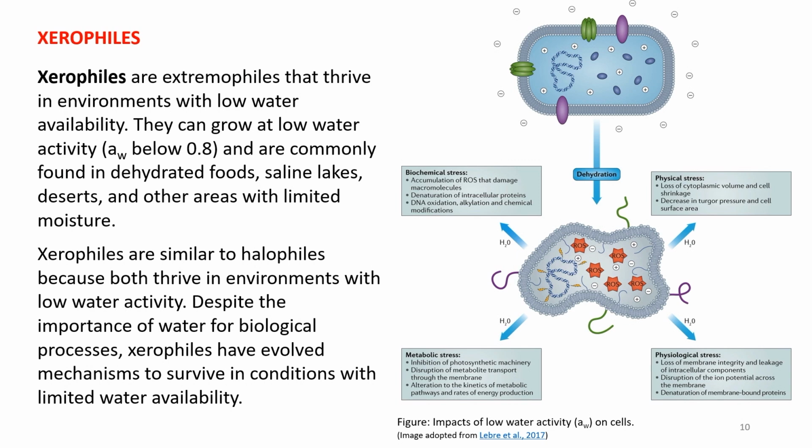There is also biochemical stress, where there is accumulation of ROS that damage macromolecules, denaturation of intracellular proteins, DNA oxidation, alkylation, and chemical modification. So, this is the impact of low water activity on microbial cells.